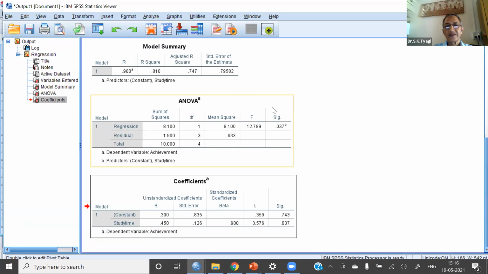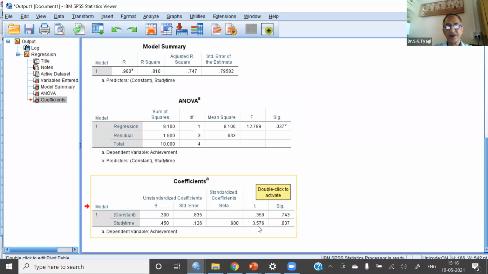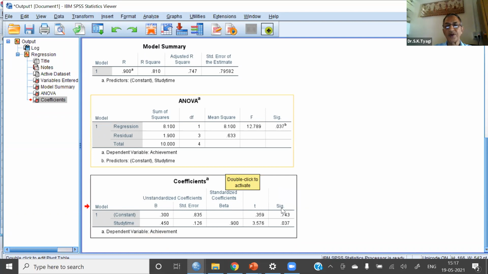ANOVA tells us the overall significance of the regression model, and this t-value tells us the significance, or the contribution, of this individual variable, study time. In simple linear regression, we have just one independent variable, therefore these two values are the same.